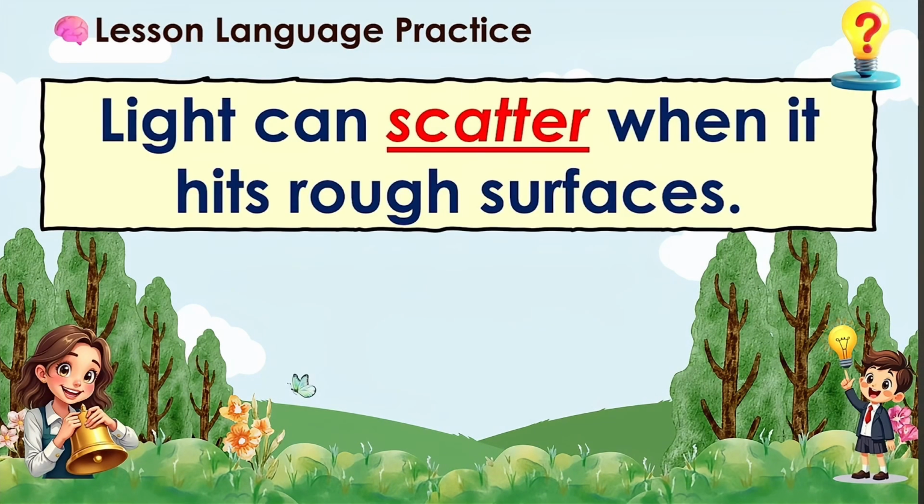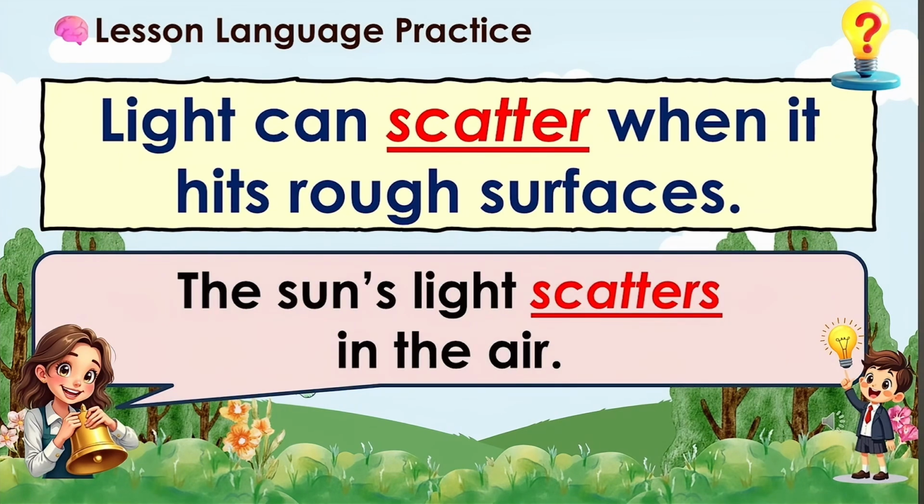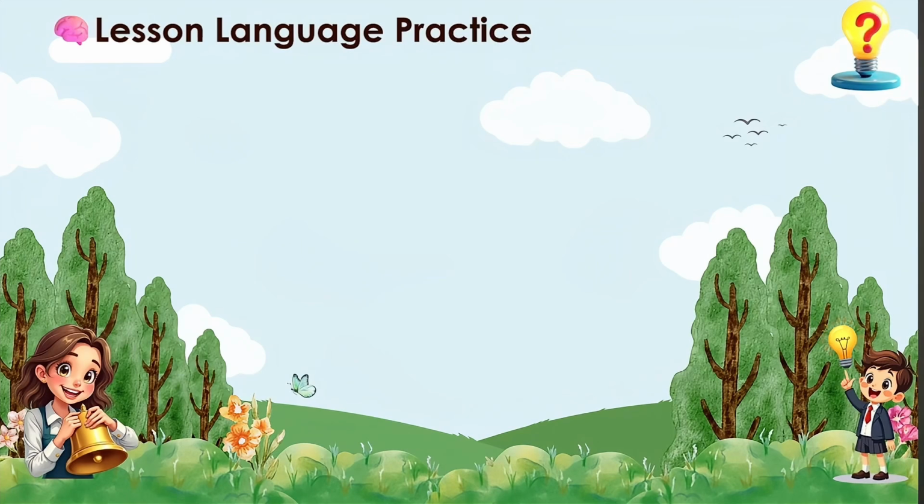Light can scatter when it hits rough surfaces. Repeat the sentence and use it in a sentence. Example sentence is, the sun's light scatters in the air.